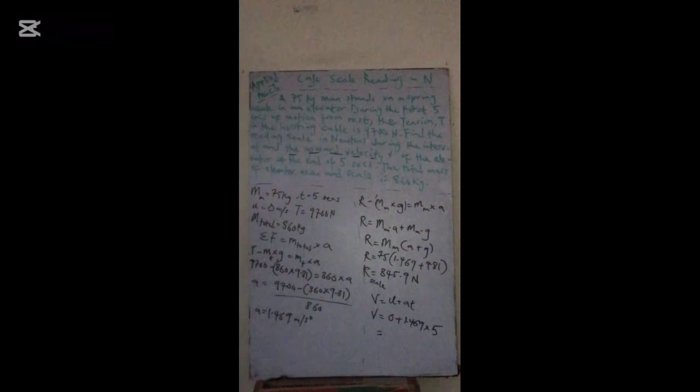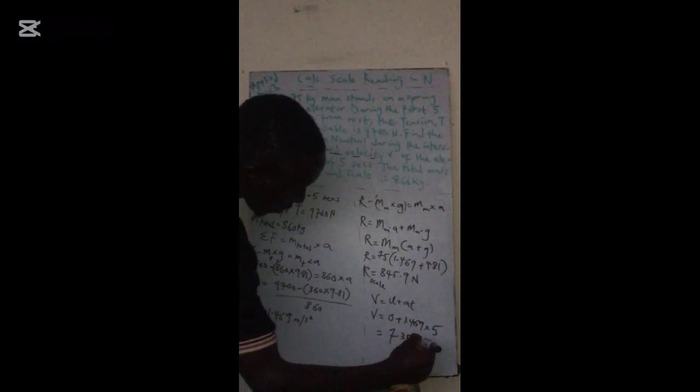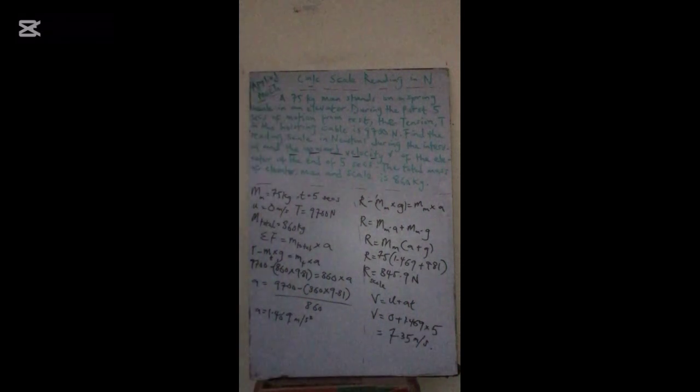So v is equal to 0 plus 1.469 multiplied by 5. On our calculator we'll have 7.35 meters per second. So that is the velocity, and this is the scale reading for this part.